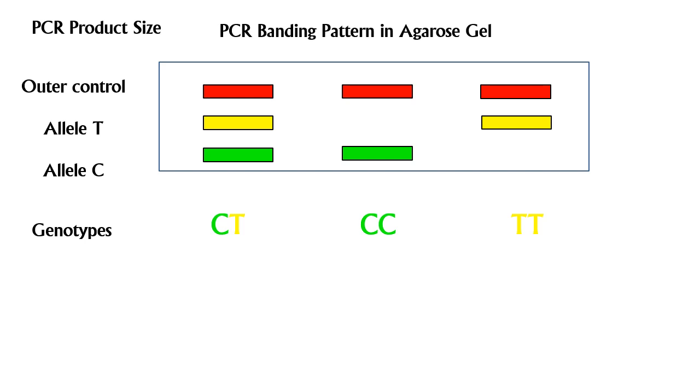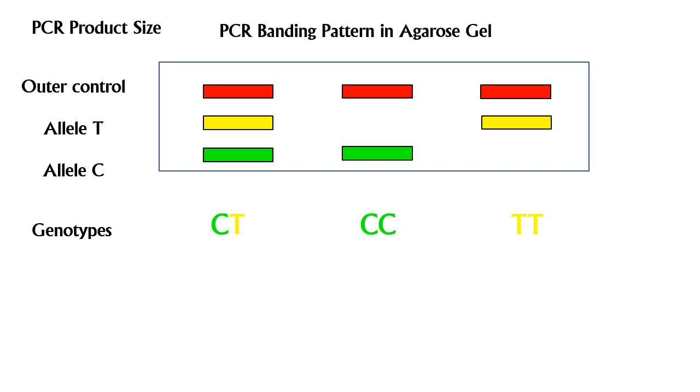In this figure, the red bands show the base product of the outer primers, which was 446 base pair. The yellow bands show the product of the primer specific to the T allele, and the greenish bands show the product of the primer specific to the C allele.